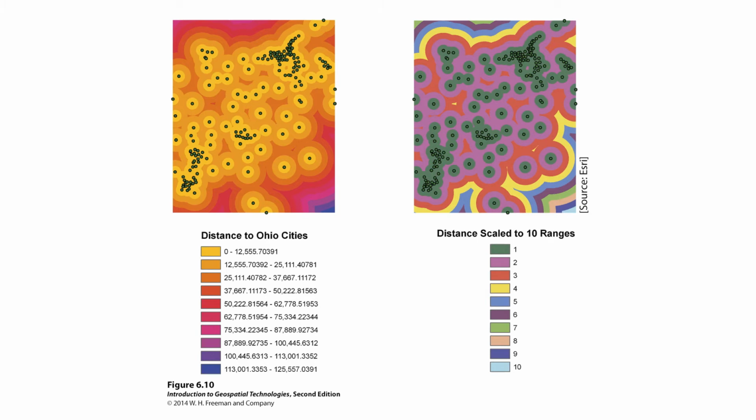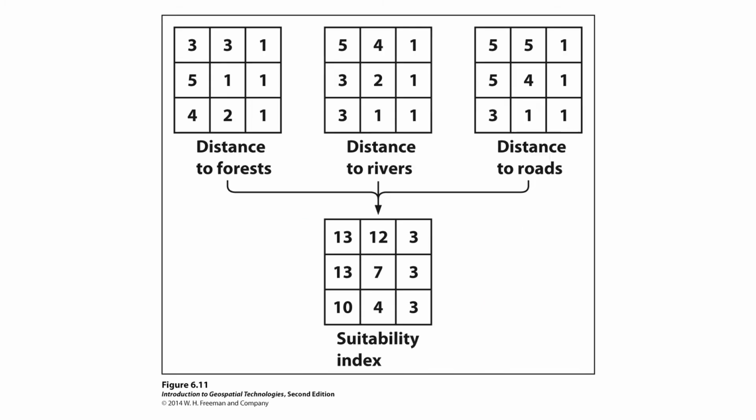We can measure distances from objects. This distance raster, anywhere on that space that you point, you know exactly how far you are from a city. And you can scale it. You could combine various distance layers and create a suitability index.